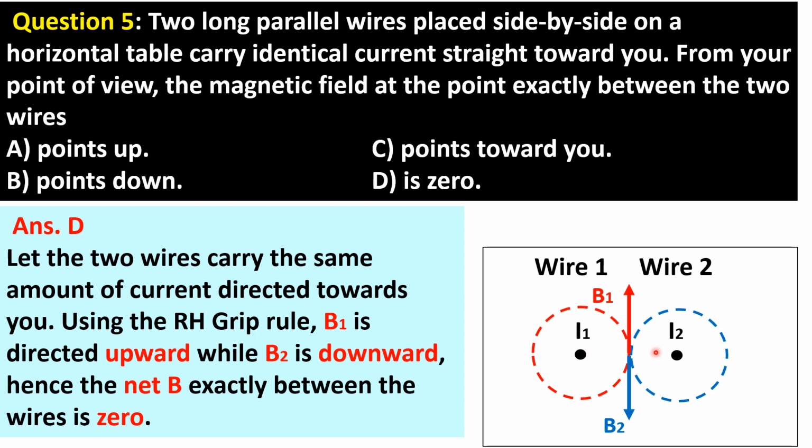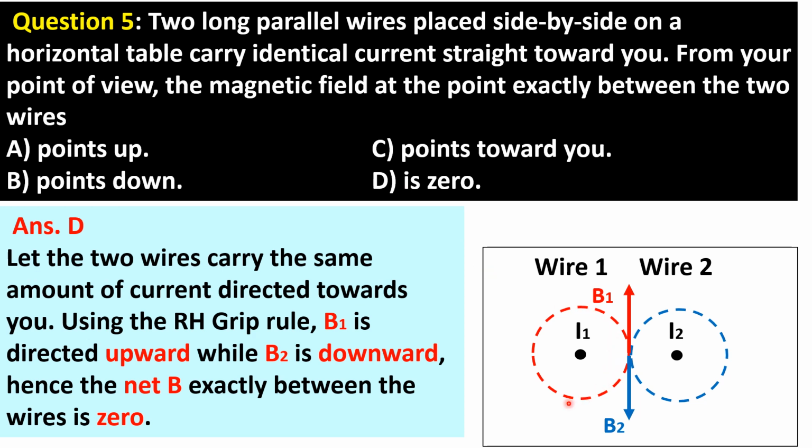And for wire 2, that's also exactly the same. The current is also directed towards you. Now, we are asked to describe the direction of the magnetic field exactly between the two wires.